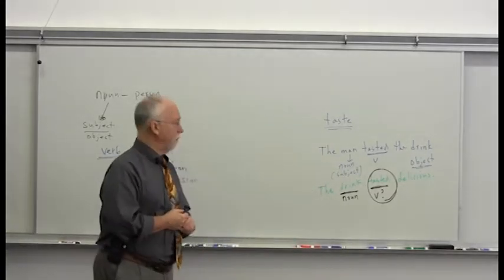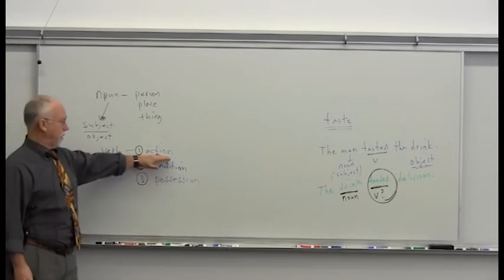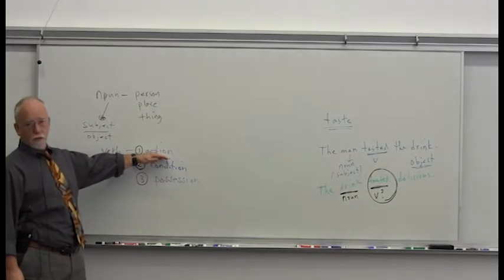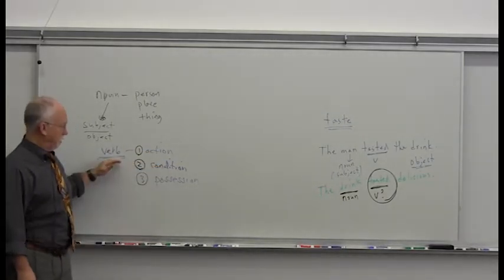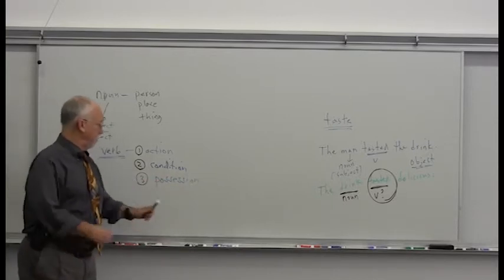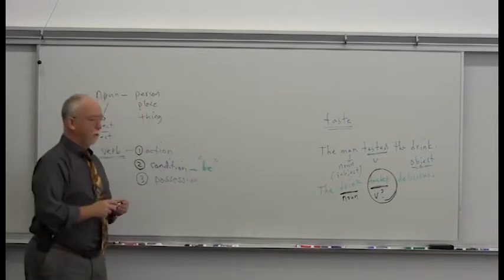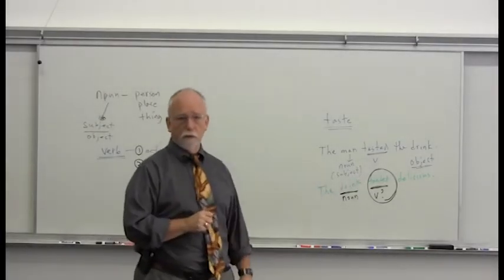So we need to be careful, because lots of times we can say, yes, the verb is the action word. But the verb serves more than just to show us the action, because in some cases the verb will show us the condition, and in some cases the verb will show us possession. The most common condition verb is the be verb.